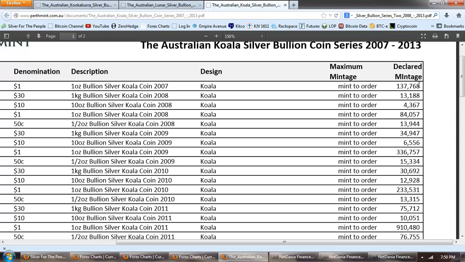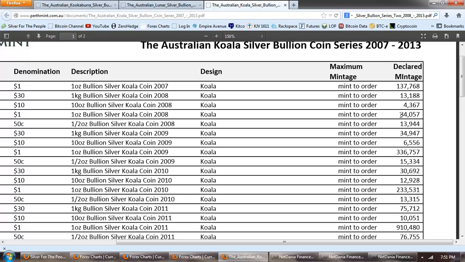Now I picked up quite a few of those. I picked them up late, so I ended up paying a pretty high premium on those. I don't remember what it was, but it was at least a 20% premium on those coins. Of course, now the 2007, 2008, those are going for $80 to $100 a piece.